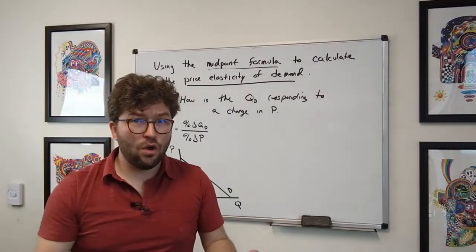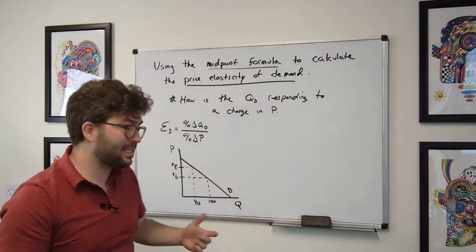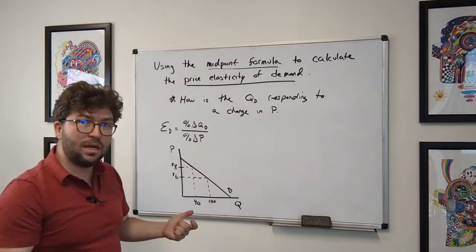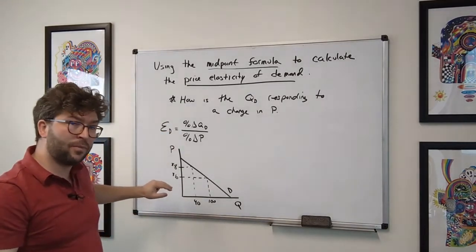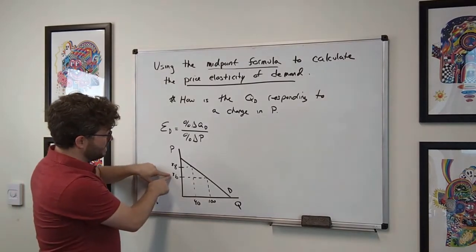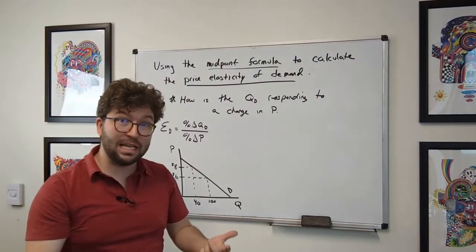Now, given this information, if the question was, what's the price elasticity of demand between these 2 points? I can't do percentage change because that percentage change is going to be different, right? If I go from $6 to $8, I see a 33% increase in my price.